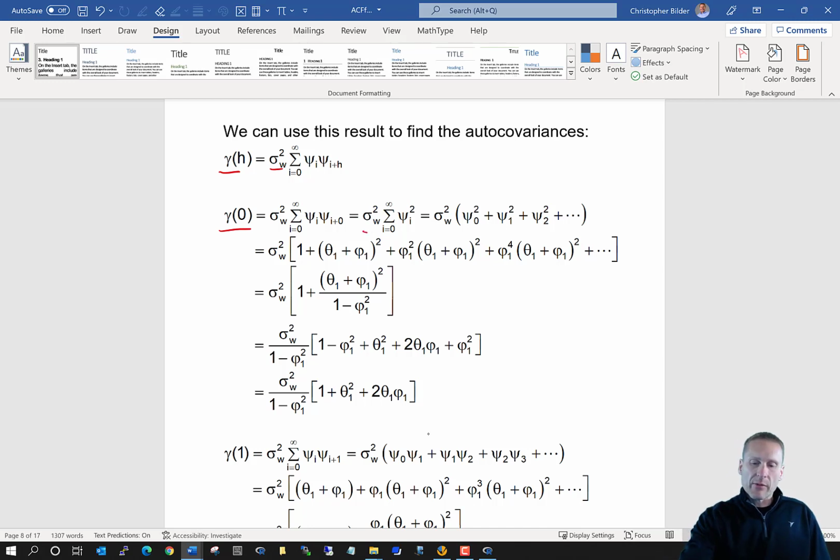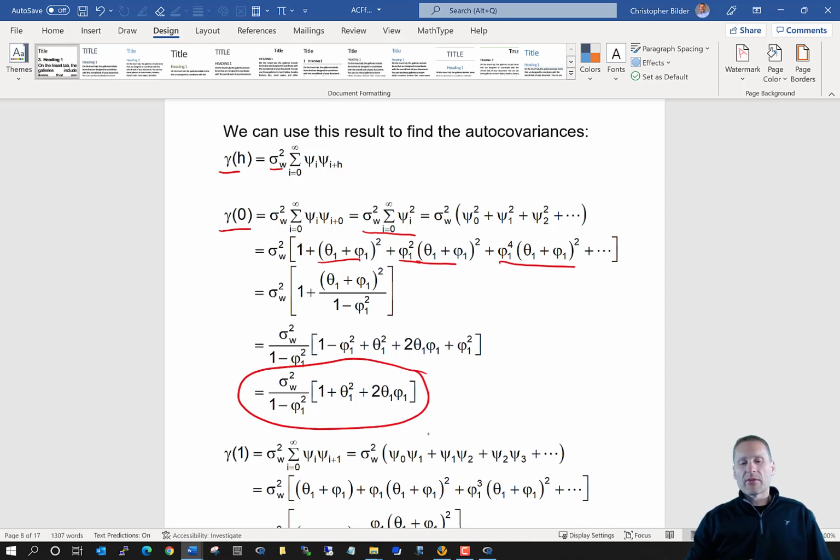Look what I get: sigma squared w times the sum of psi i squared. Plug in what these psi i's are, in terms of what I just found, and do a little bit of simplification. I'm not going to go through all the steps. And this is what we get for the autocovariance function at lag 0.